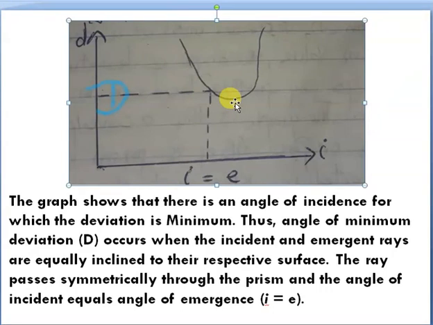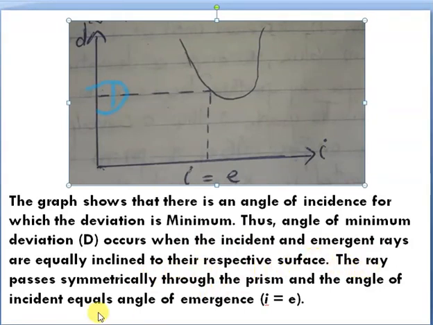At this point, as the angle of incidence increases further, the angle of deviation will continue to increase. So where the deviation is least, we obtain what we call minimum deviation, and we represent it with capital letter D. From this graph, the angle of minimum deviation occurs when the incident and emergent rays are equally inclined to their respective surfaces.